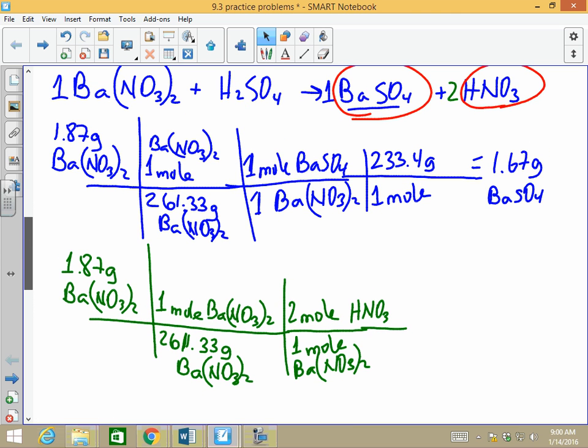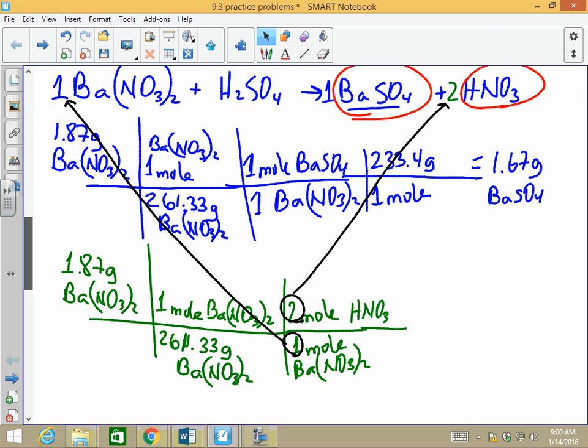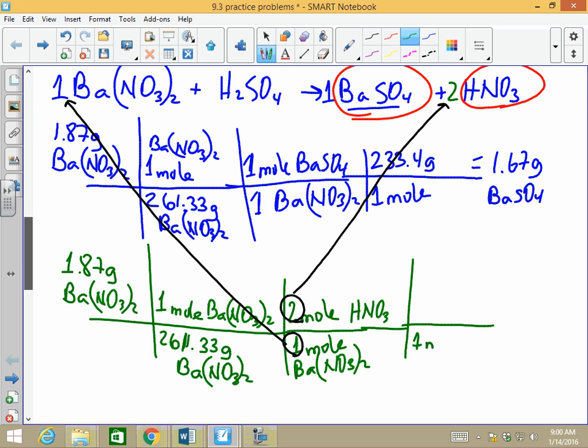Okay, so this one over here came from here, and this 2 over here came from that one. Okay, we continue with this. Now I need the mass of HNO3. One more standard, and the mass of HNO3 is 63.02.